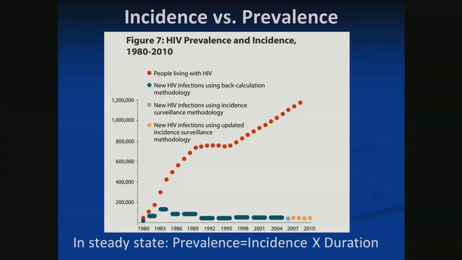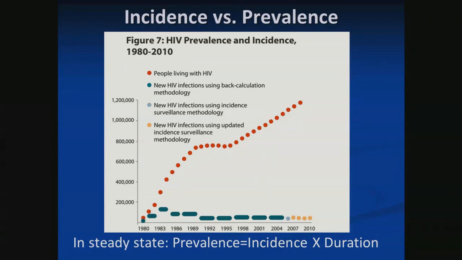So the new cases and the duration that those cases exist, multiplied together, is prevalence. If you have very high prevalence, that could mean that your incidence is very high but your duration is low, like people get it for only a short period of time. Or it could mean that your incidence is low and your duration is really high, so they're living with it for a long period of time.